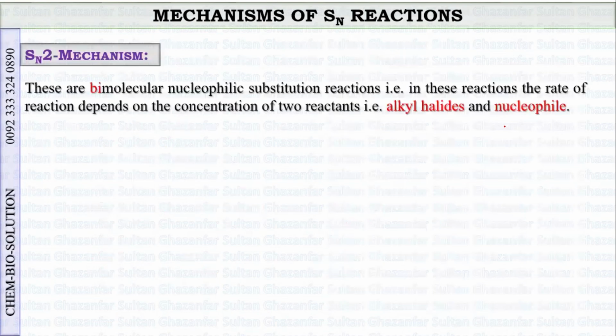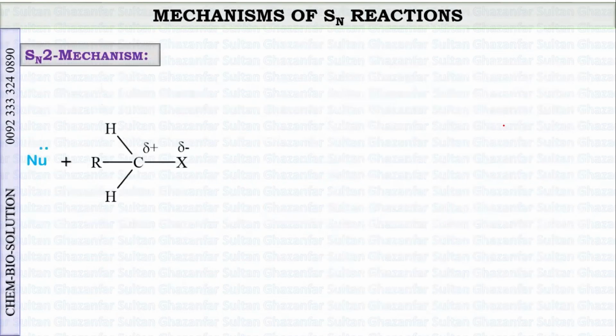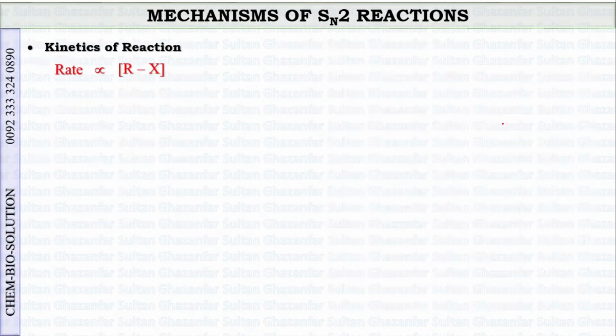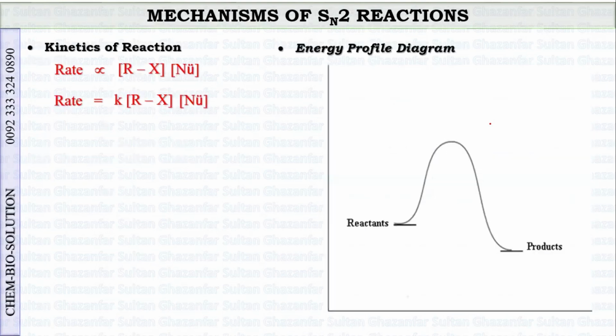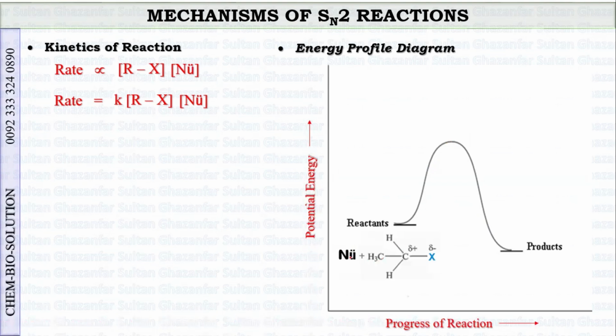So there was an intermediate in the SN1 mechanism, but in the SN2 mechanism there is no intermediate, therefore only one hump is there. This is the energy coordinate, with potential energy on the y-axis and progress of the reaction on the x-axis.